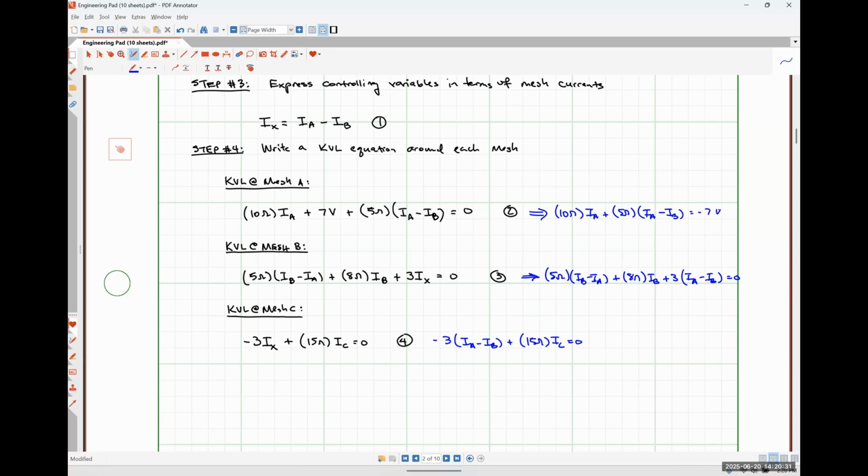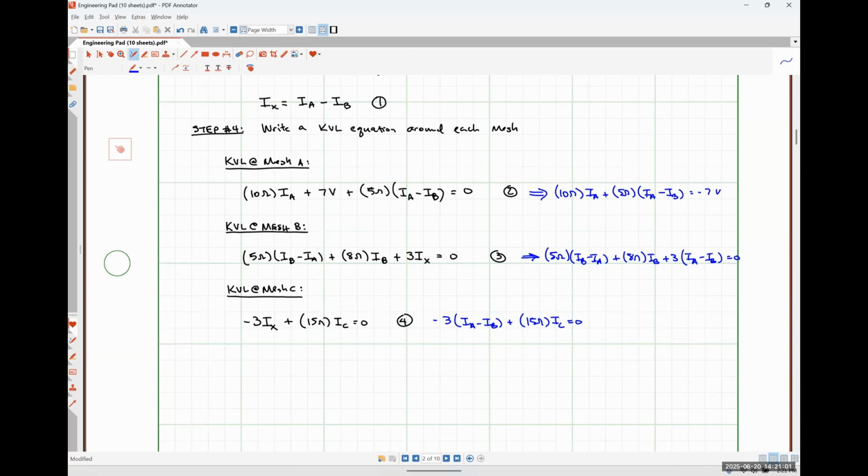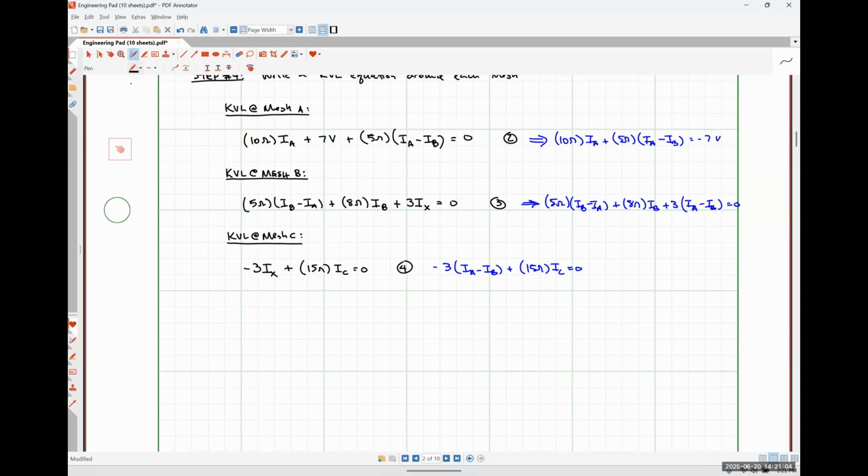My coefficient for IB is 5 plus 8 minus 3. Oh, sorry, my coefficient for IC is 0, and my constant term is 0. And then in my last equation, my coefficient for IA is -3. My coefficient for IB is +3. And my coefficient for IC is 15. Constant term is 0. And so when I solve this system, so that would actually be step number 5.